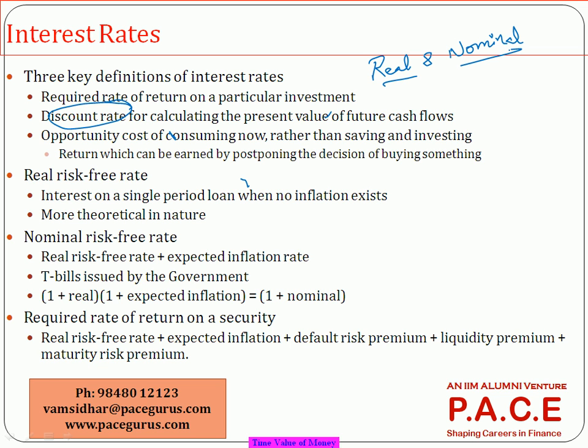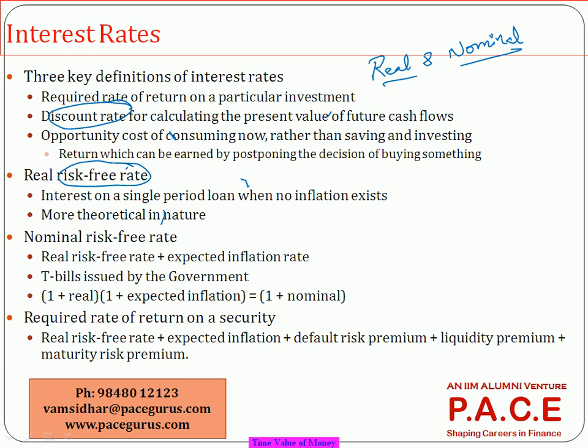But again, within that nominal or real, there is something called the risk-free rate. What is this risk-free? Without any risk, I can still get some return. Look at it in a very nominal sense, in a very crude sense: let's say I put my money in an FD, or a government bond, which is even better, not even government short-term securities.